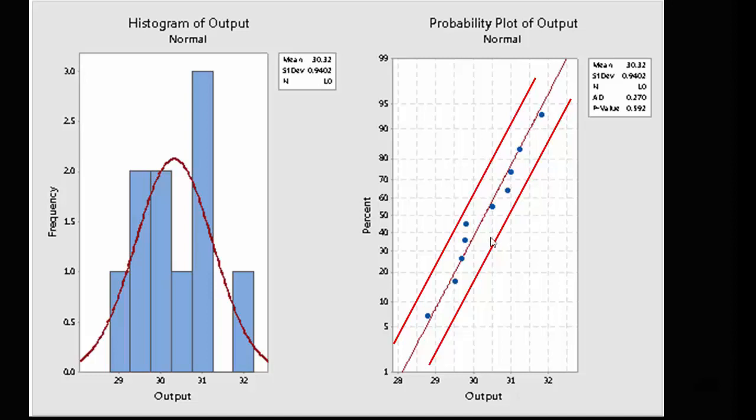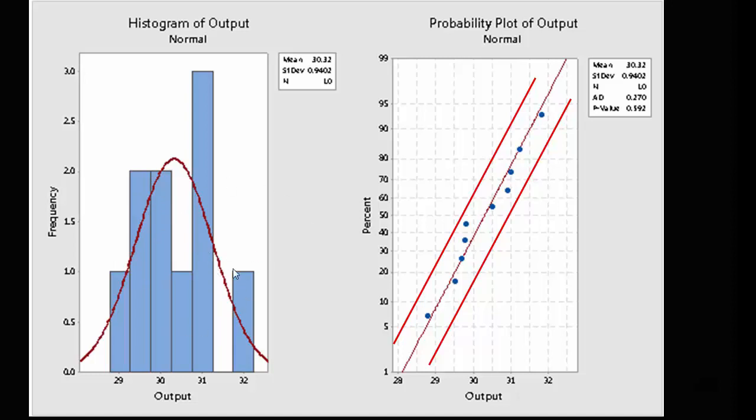These same 10 data points plotted in a histogram would look like this. When the sample size is small, less than 30, the histogram is a little hard to interpret. It's a little subjective as to whether or not the data fit a normal distribution.